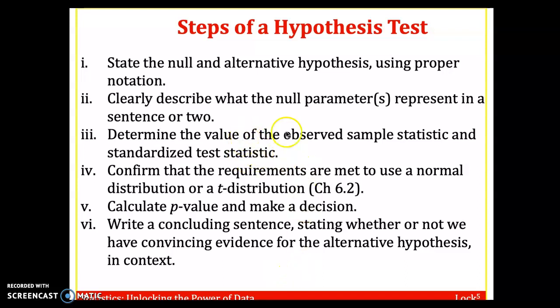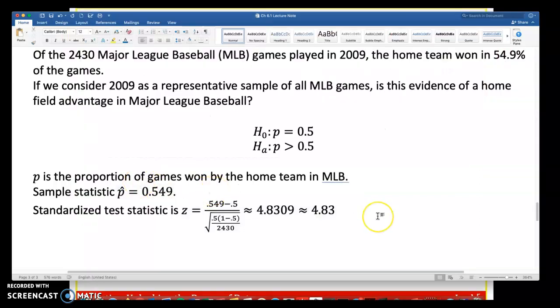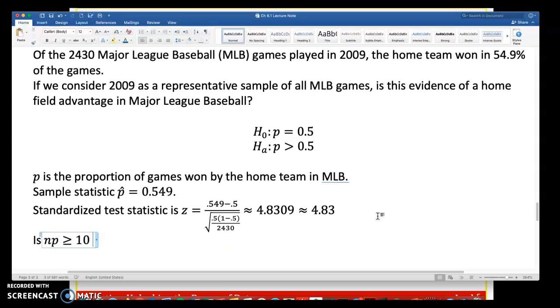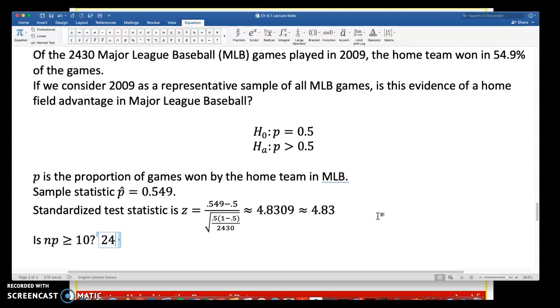All right, so we've got the statistics, the sample stat and the standardized test statistic. Confirm the requirements are met to use a normal distribution or a t-distribution. So I put this on here. We're going to come back to the t-distribution in 6.2. But for the normal distribution, we need to make sure that n times p is greater than 10. And here, our sample size is 2430, and p is 0.5.